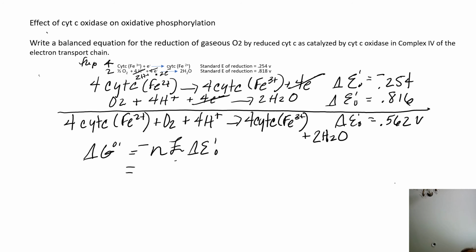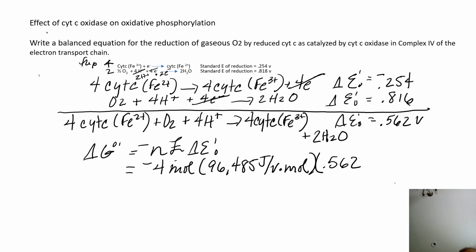And we are transferring 4 moles of electrons times the Faraday constant times our standard reduction potential for the reaction in volts.